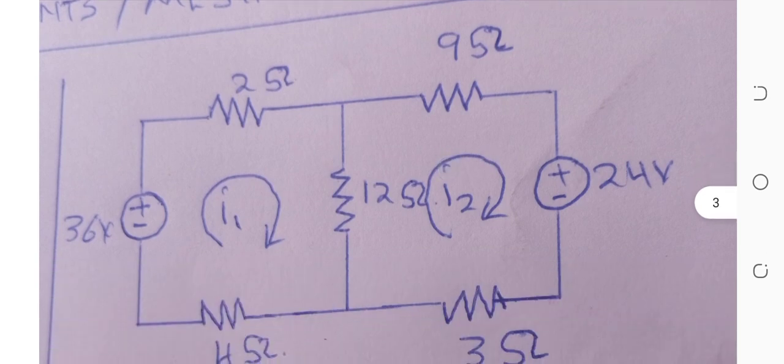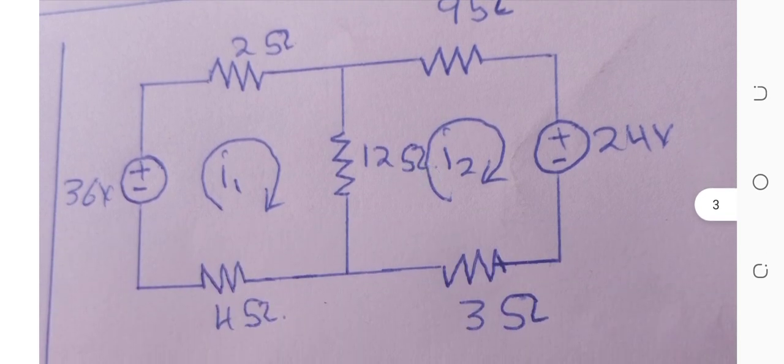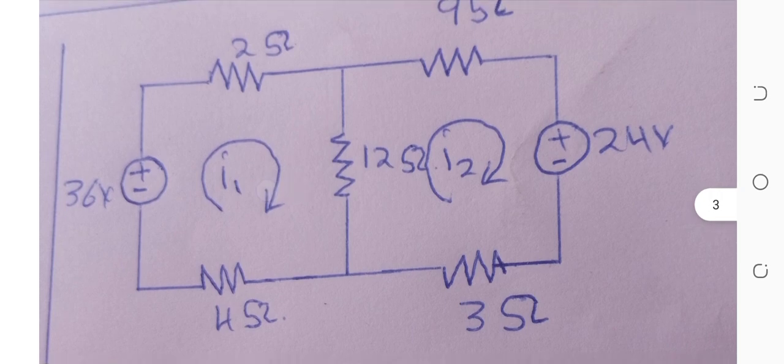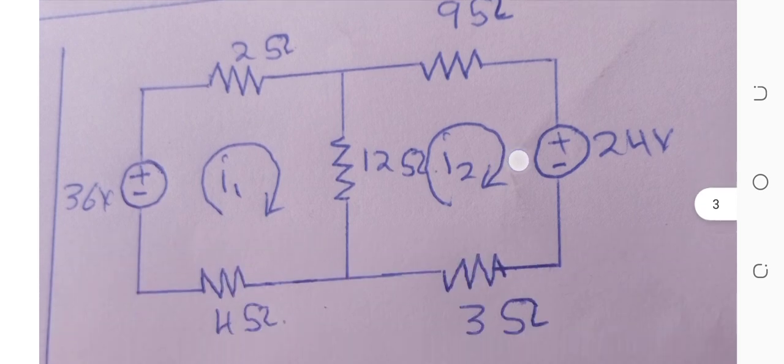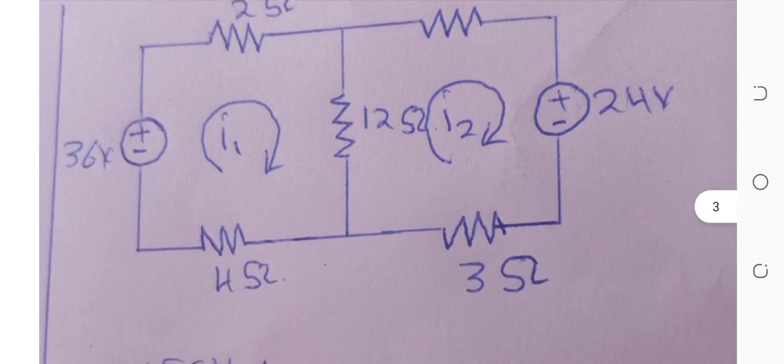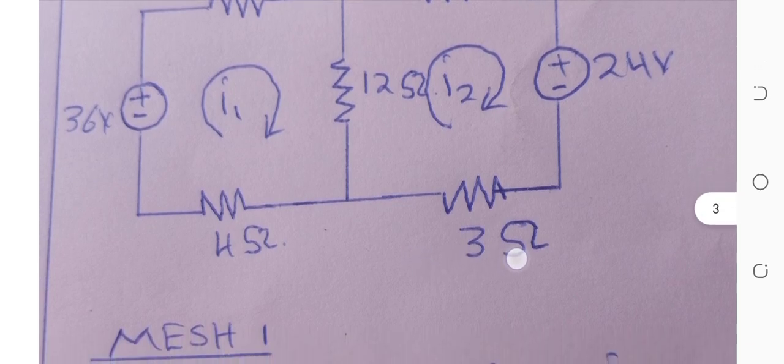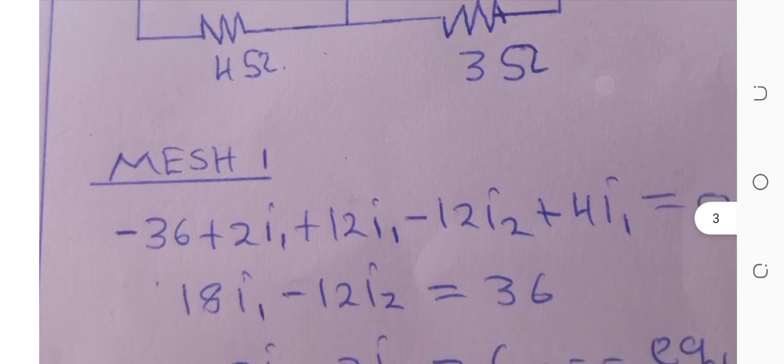For mesh 2, we have 12i2, then minus i1, since it is also passing through the same 12 ohm resistor. So we have 12i2 minus 12i1, plus 9i2 over there, then plus 24 because we meet the positive terminal first, then plus 3i2 must equal what? 0.